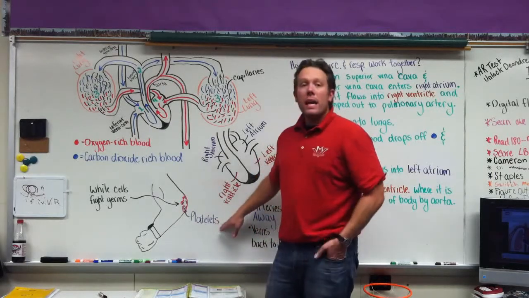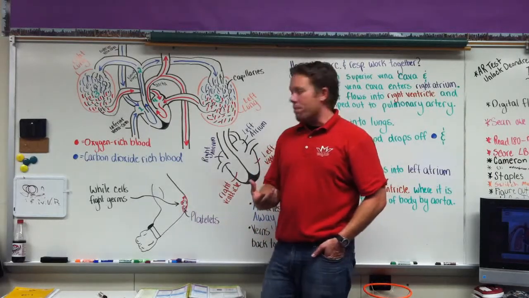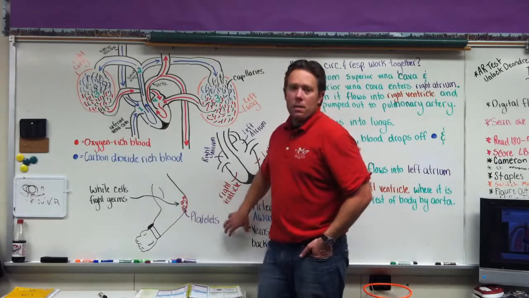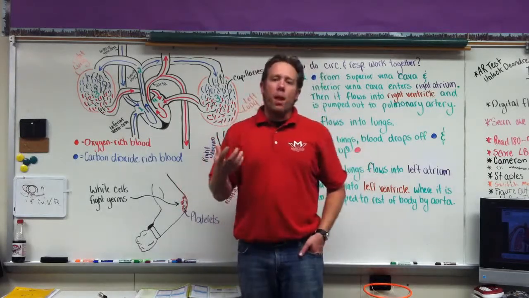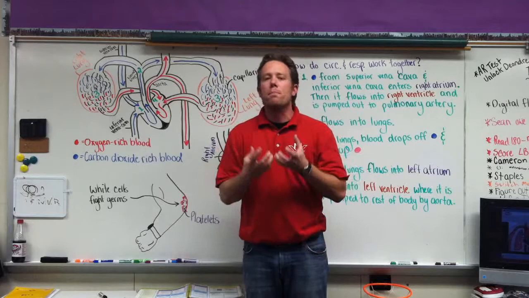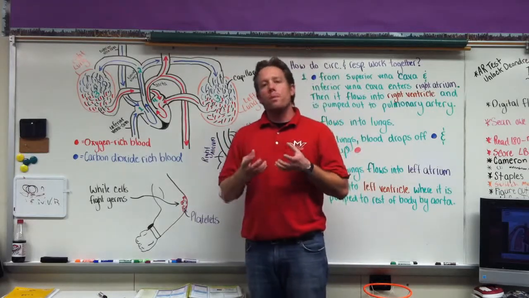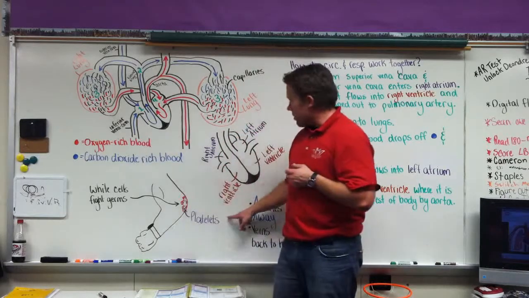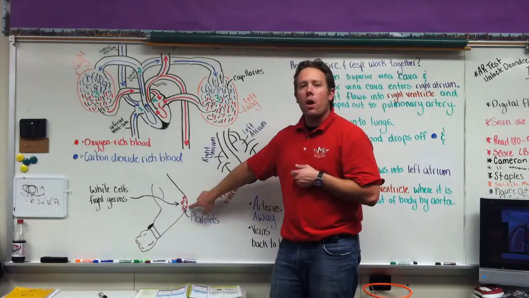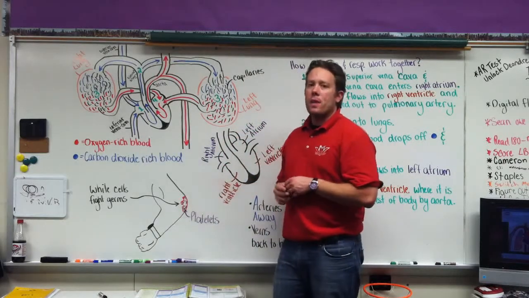The platelets are another part of the blood, formed from small cell fragments, and these are formed to stop bleeding. So the platelets go to a cut also, and that helps it stop bleeding.